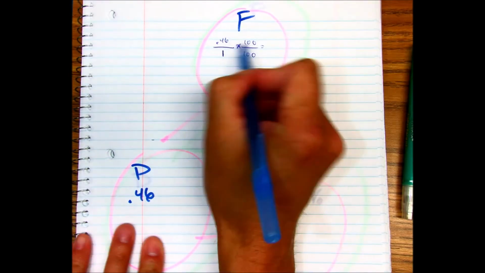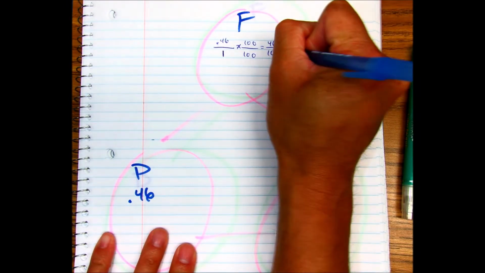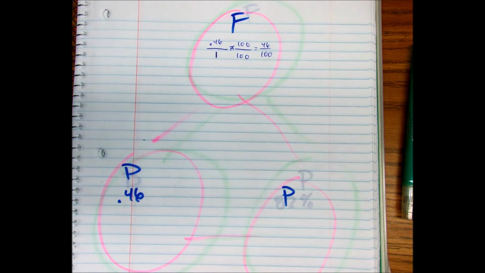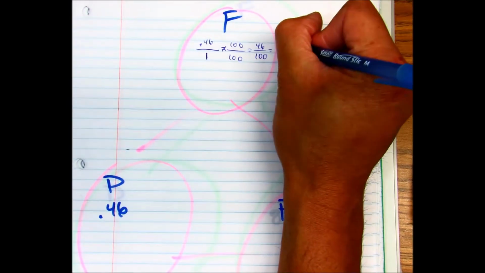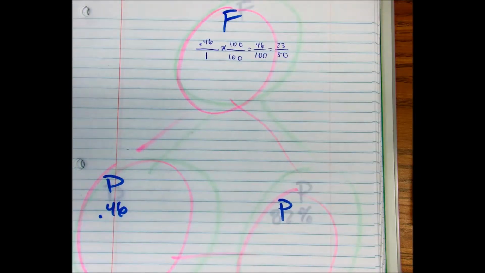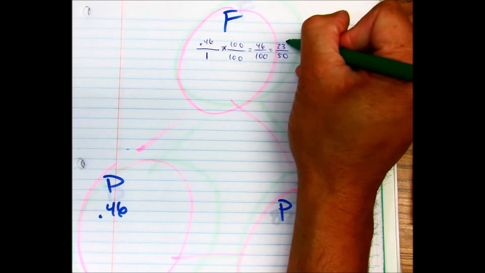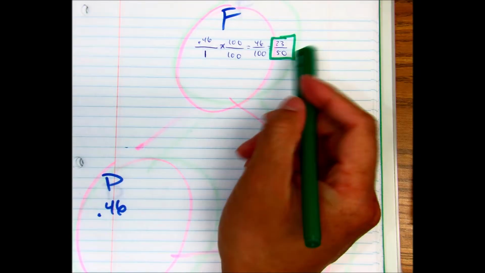And if you multiply those, you'll get 46 out of 100. And then from there, you can just reduce. You can just divide it in half. That gives you 23 over 50. And I don't think you can go any smaller than that. So that would be my reduced fraction.